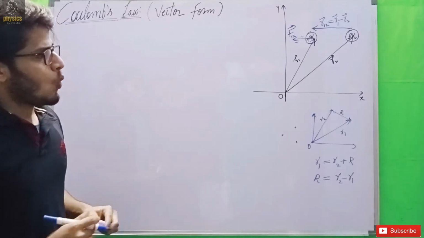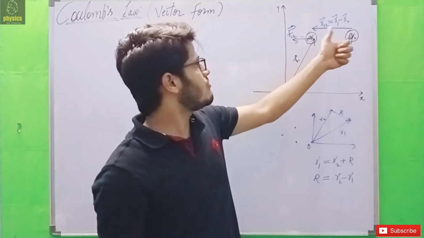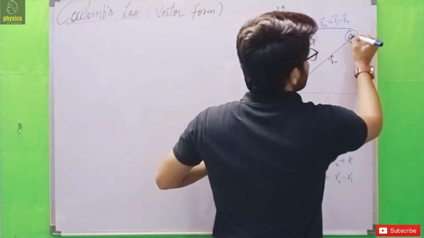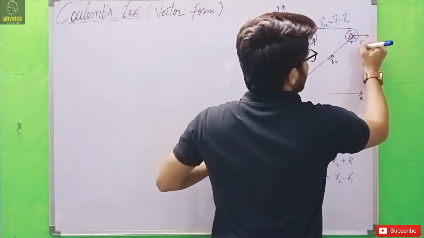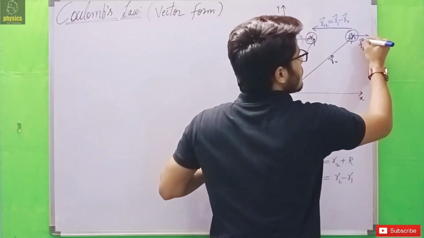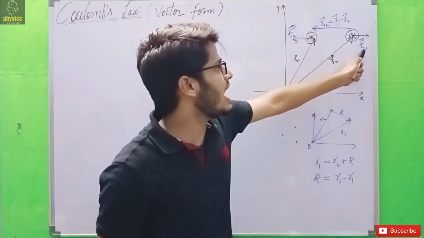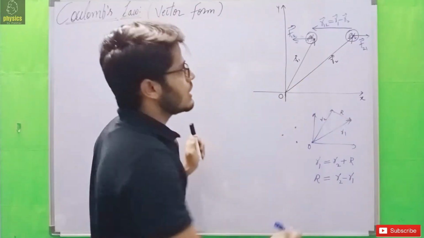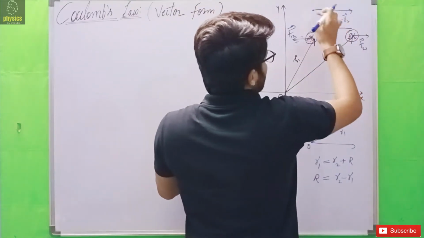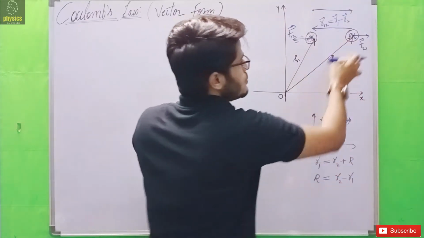Similarly, while finding the force on 2 due to the first particle, due to Q1, the direction of force will be this way. The force F on 2 due to 1 will be in this way. While writing the expression for this force, we have to use a vector whose direction is along this way, from Q1 to Q2, not from Q2 to Q1.